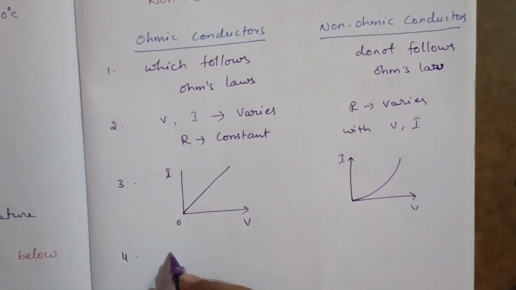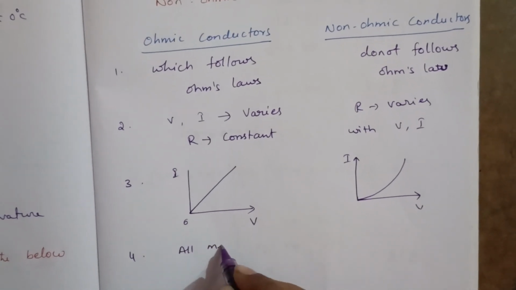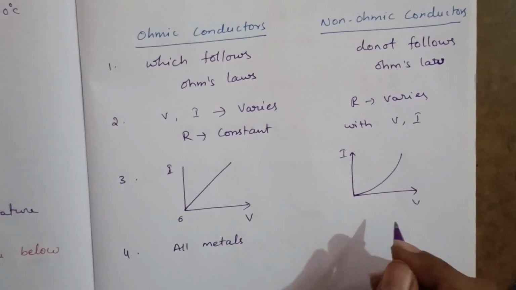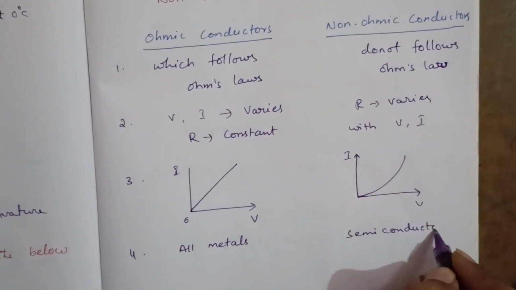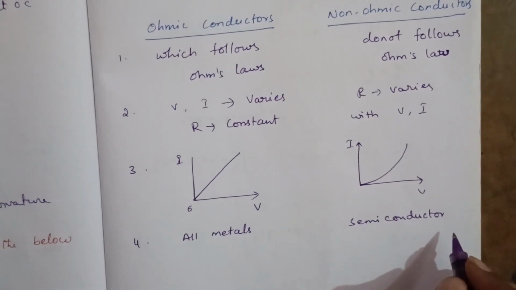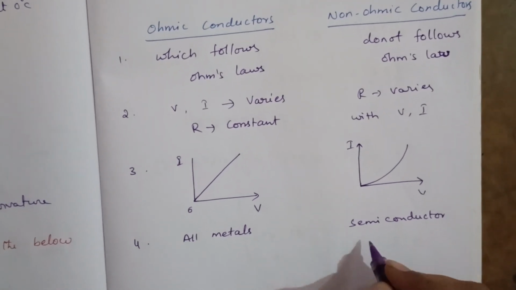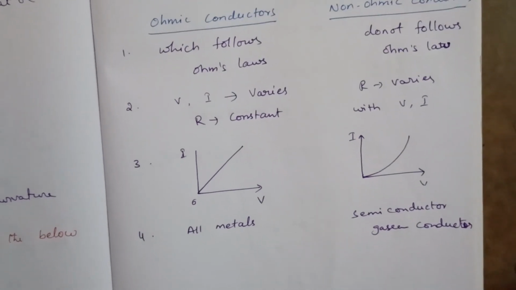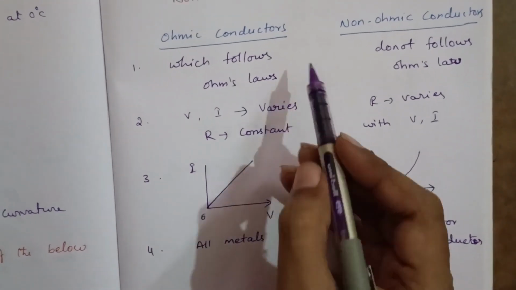Now examples: all metal conductors are ohmic conductors. Non-ohmic conductors include semiconductors like germanium and silicon, and gaseous conductors.